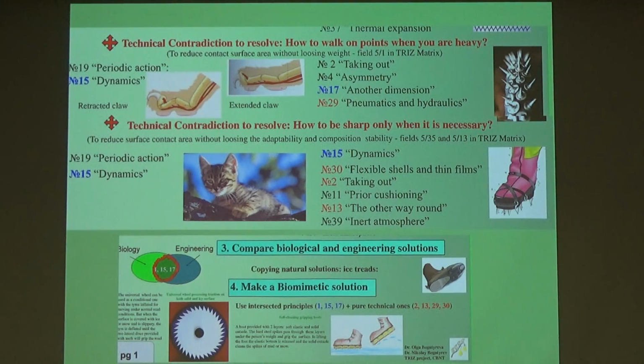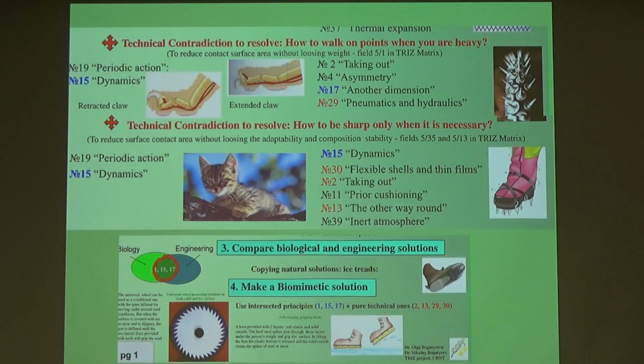So by doing this kind of process, iterating this process, you can come to a collection of solutions that nature has already provided or has some kind of resolution to, and you can draw those out and use those to solve your problem.